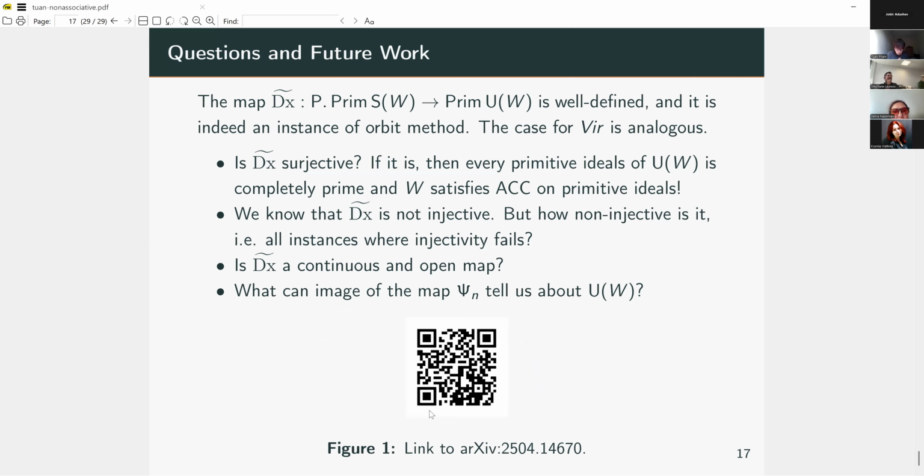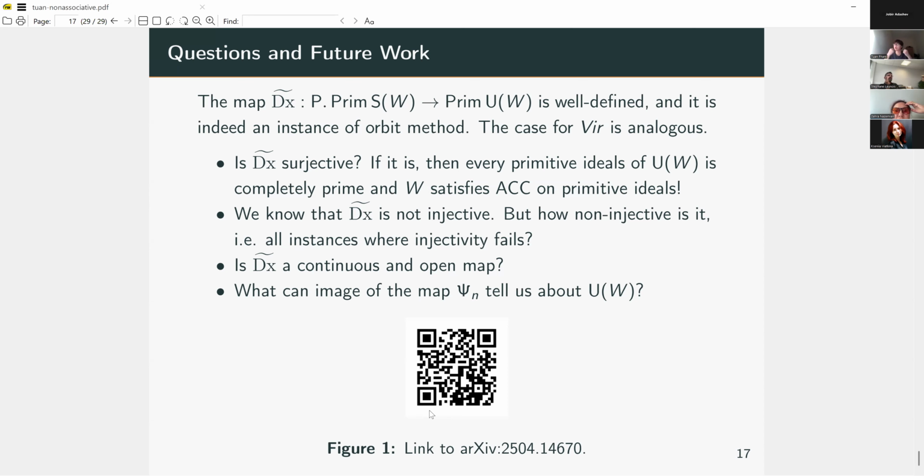So what we've done so far is define a strong Dixmier map, dx twiddle, between the Poisson primitive spectrum S of W to the primitive spectrum of U of W. And this is indeed an instance of the orbit method.